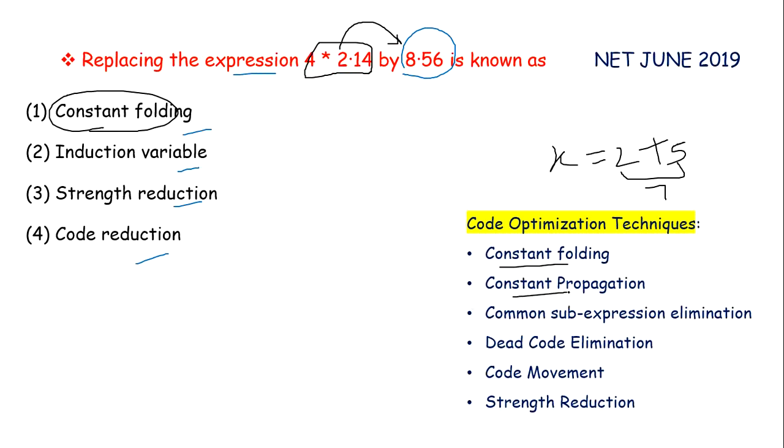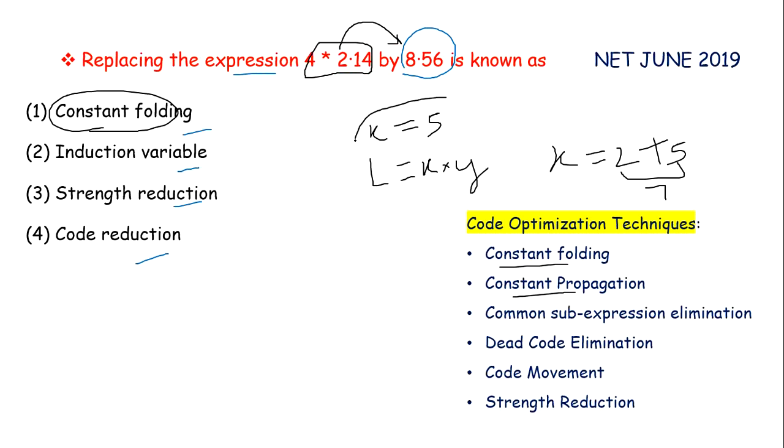Next is constant propagation. In this, we substitute the value of a variable at compile time. The condition is that the value of the variable must not get altered in between. For example, say for a variable x, we have value 5. Now we have an expression like L equals x into y.